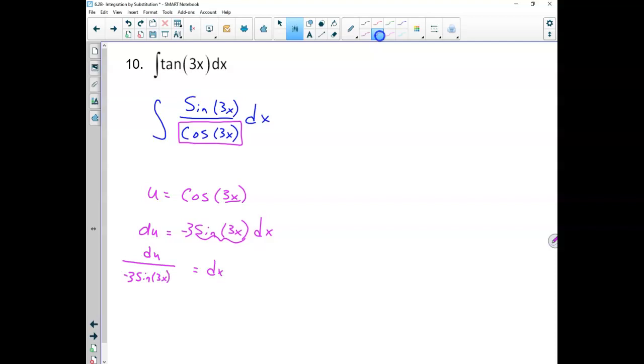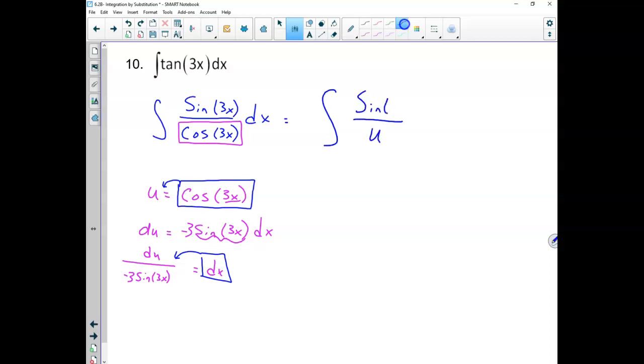Okay, so I'm going to go back and I'm going to make my substitution. I'm substituting out that for u. I'm substituting out dx for that. So my u is down here. I have nothing for my sine 3x there, but my dx I am substituting in times du over negative 3 sine 3x.